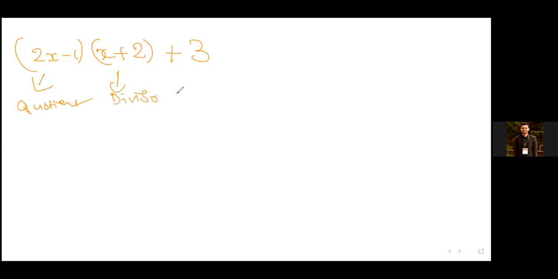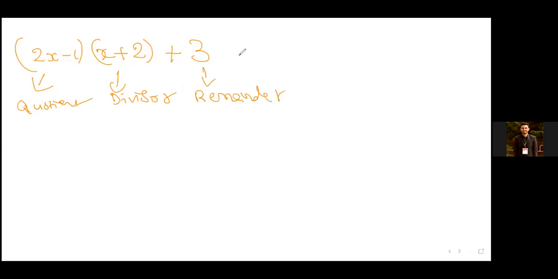Further we can see that this term, that is 2x minus 1, when multiplied by x plus 2 and added with the remainder, this is the quotient, and this is the divisor, and this is remainder.